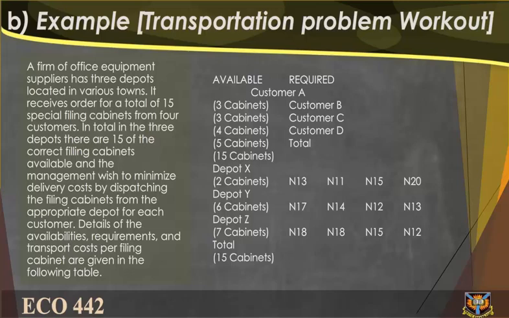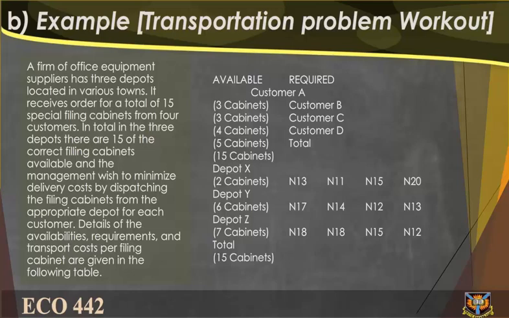In total, in the 3 depots, there are 15 of the correct filing cabinets available, and the management wish to minimize delivery costs by dispatching the filing cabinets from the appropriate depot for each customer. Details of the availabilities, requirements, and transport cost per filing cabinet are given in the following table.